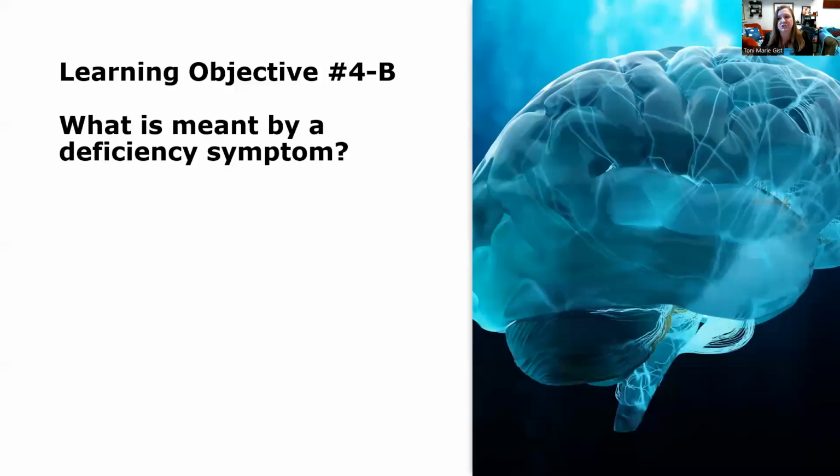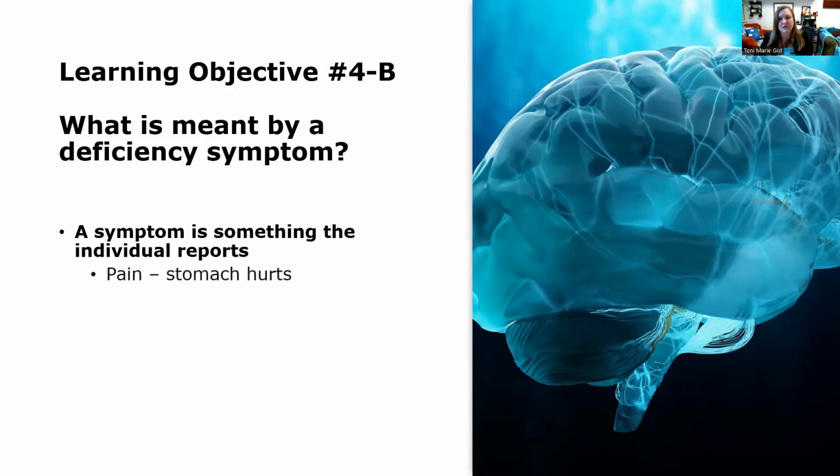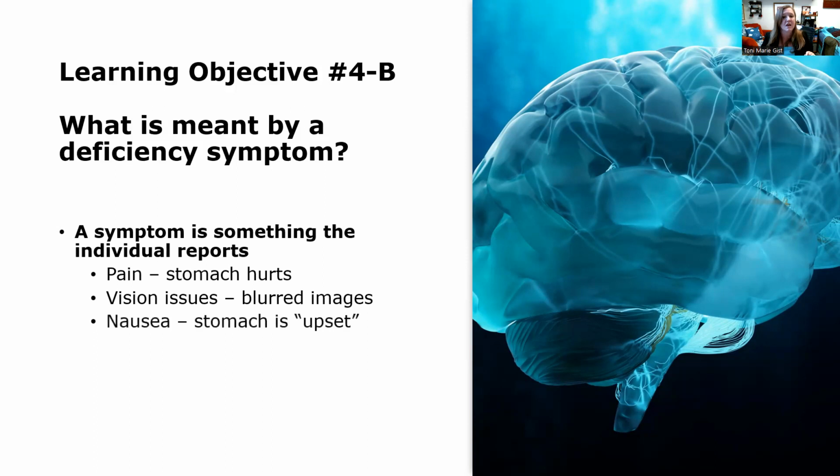You may have heard the term symptom, though, and symptom is slightly different. So a symptom is something that an individual reports. So if someone says their stomach hurts and they're having pain, that is going to be a symptom. If someone has blurred images when they're looking through their eyes, that's vision issues, that's a symptom. If someone has an upset stomach or they have nausea, that is going to be a symptom.